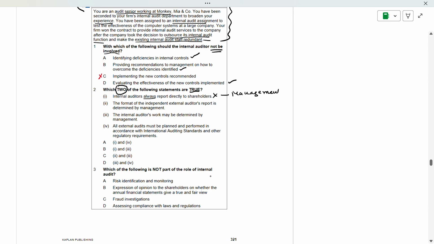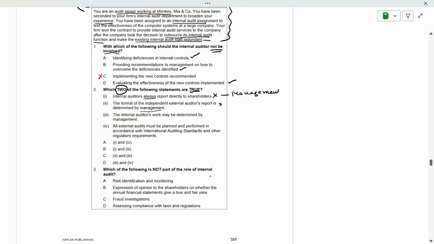Next, the format of the independent external audit report is determined by the management. True? No. See, the format of the independent audit report is not determined by the management.